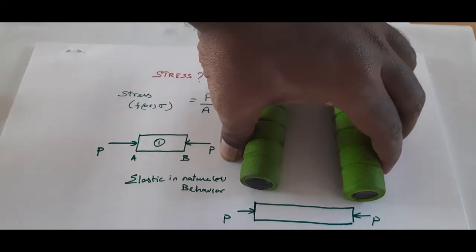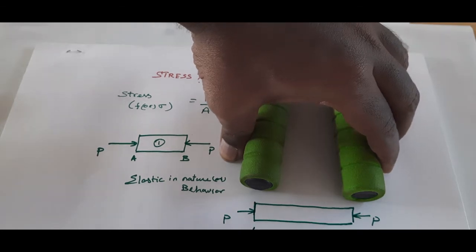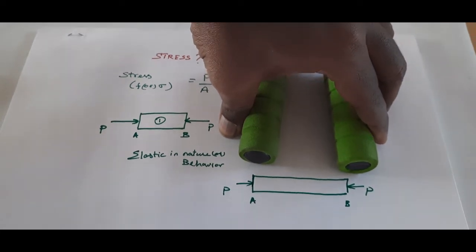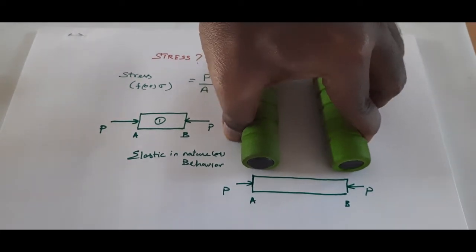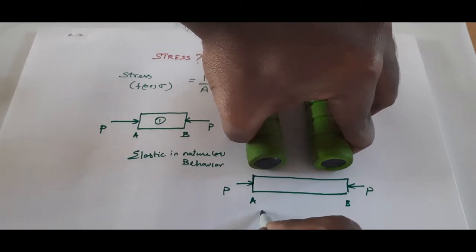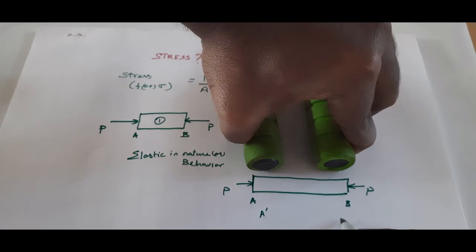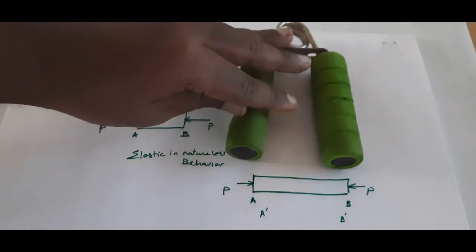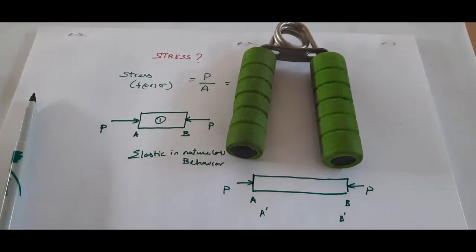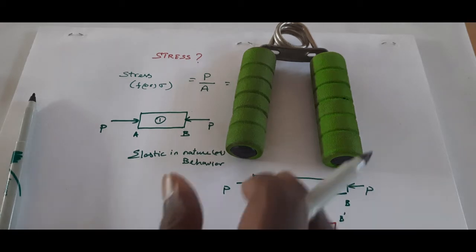Let me call this position A and this position B. Now I am trying to compress it heavily. So now it has a new position A dash and a new position B dash, which means this has been compressed to this size.